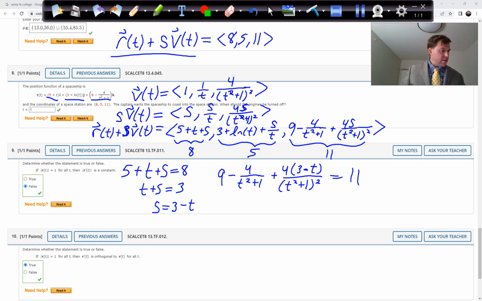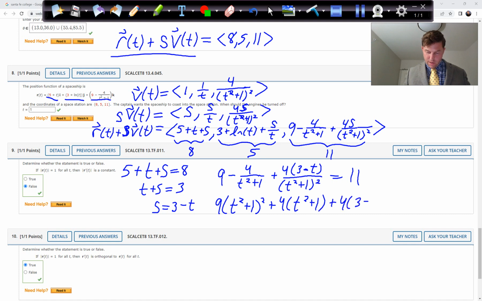And probably the easiest way to solve this, I suppose, is to multiply everything by t squared plus 1 squared. So you get 9 times t squared plus 1 squared plus 4 times t squared plus 1 plus 4 times 3 minus t equals 11.